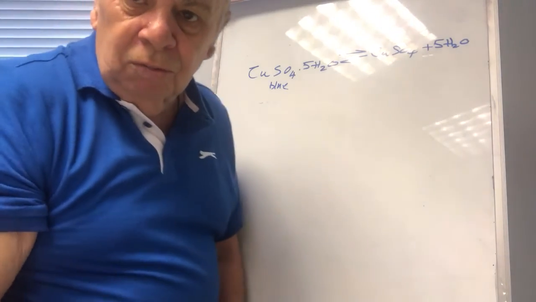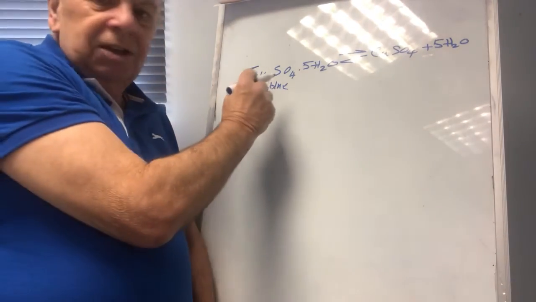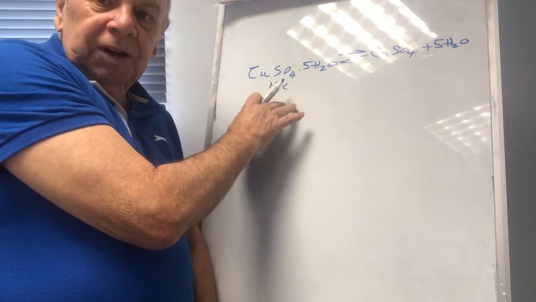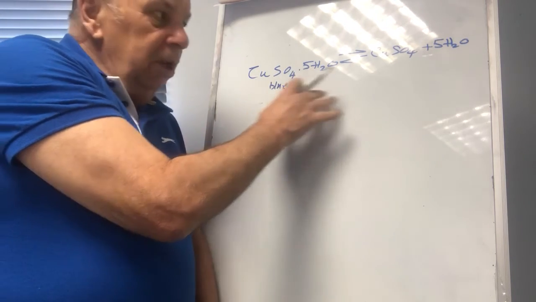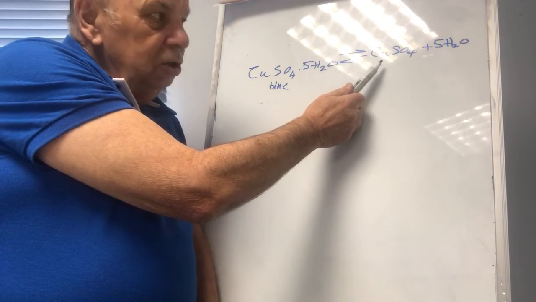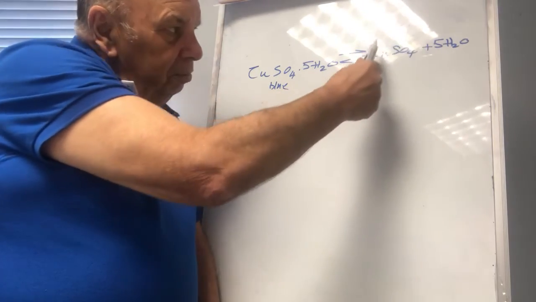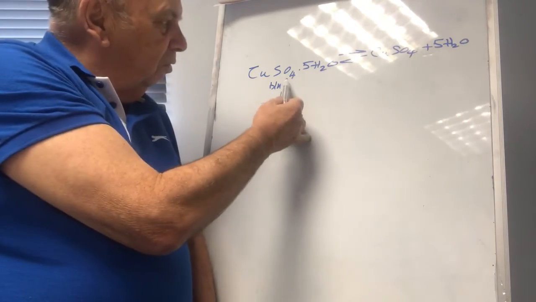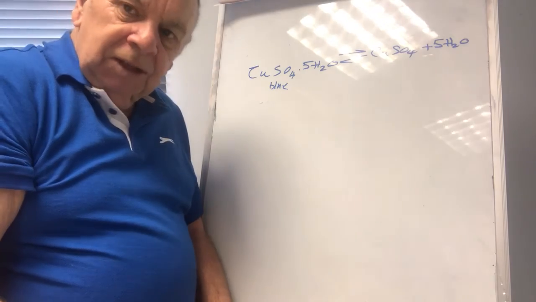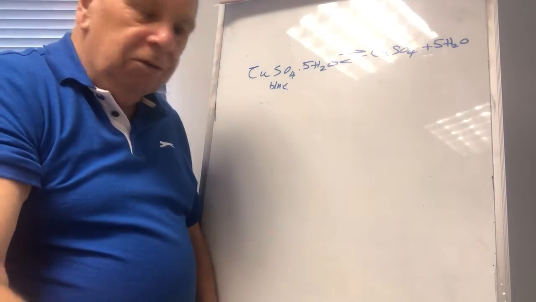Translating that into normal English, I heat hydrated copper sulfate crystals, steam comes off and it forms anhydrous copper sulfate, and that recombines again to form the initial reactants, blue copper sulfate crystals.